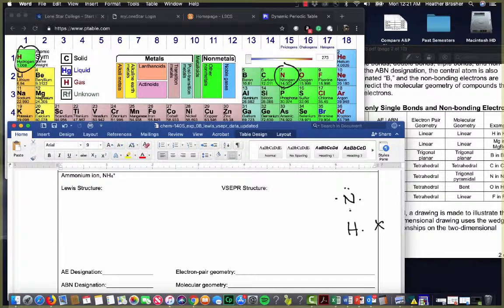Of course, this is 4 times, and we have 3 bonds that can be formed with that guy. So nitrogen is our central. So we come over here. Oops, let me erase that. He looked bad. 1, 2, 3, 4, 5. And we have a hydrogen here, a hydrogen here, and a hydrogen here.